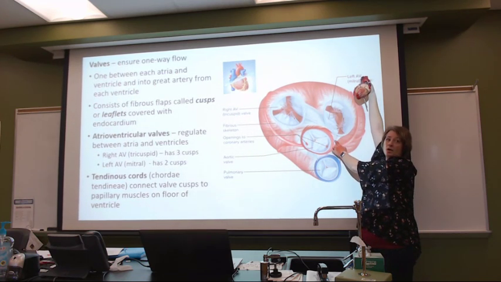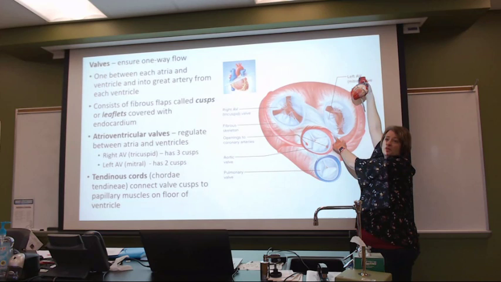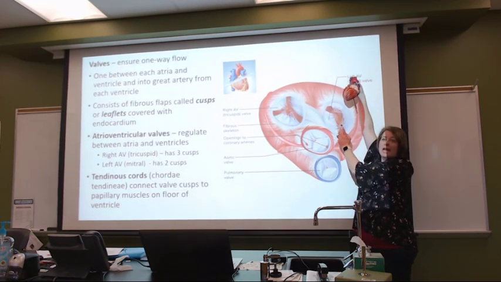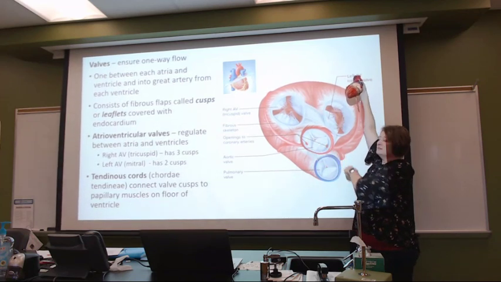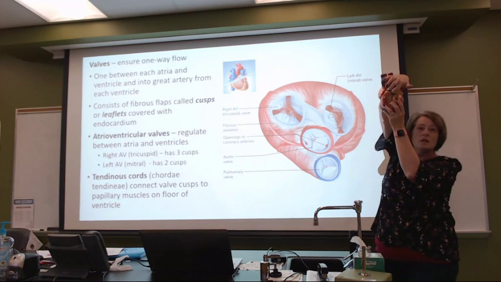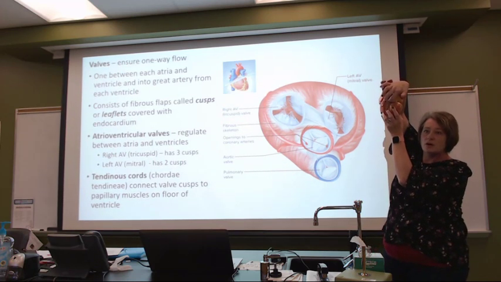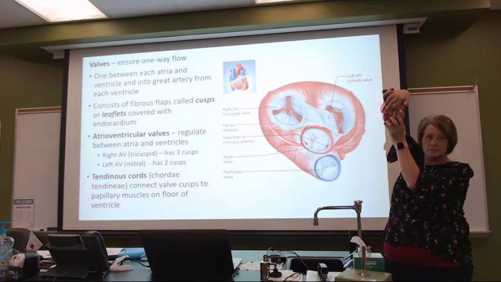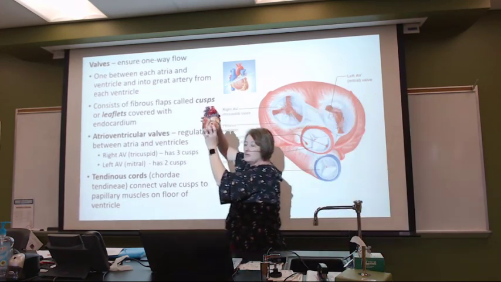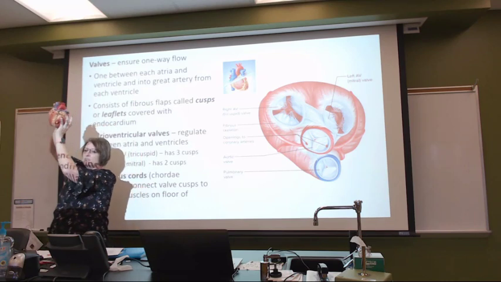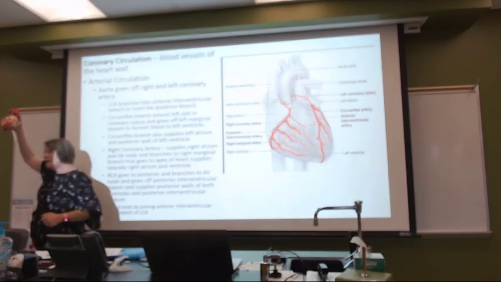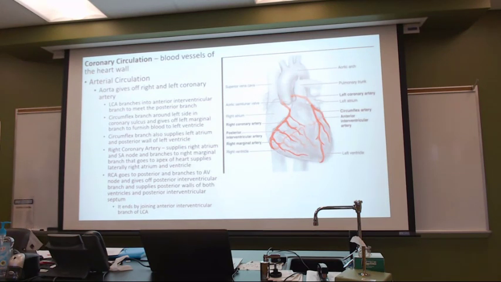My aorta from the left ventricle has openings that make it to my coronary artery. And from there, I can begin the circulation to the tissues of my heart, the organ itself.